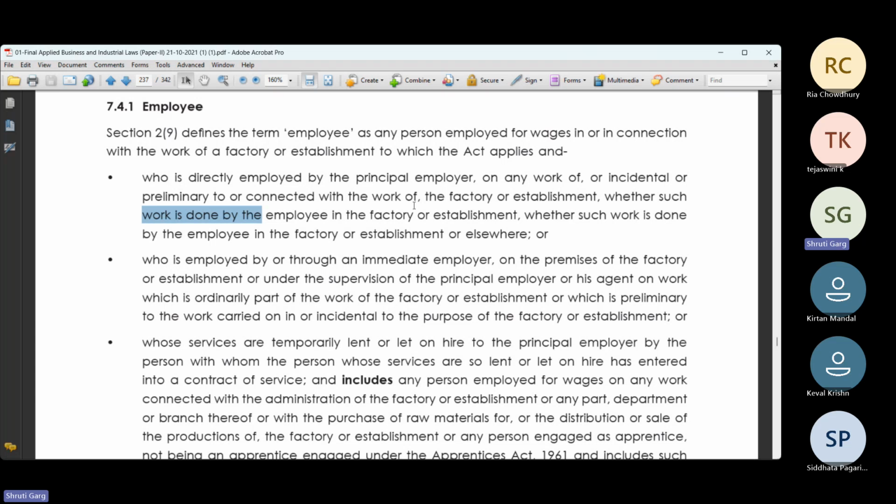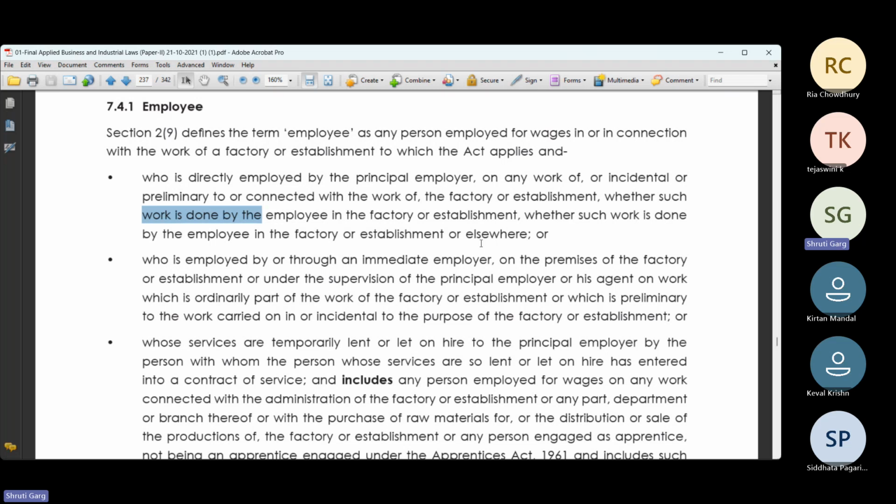Means helper type in the factory or establishment, whether this work is done by the employee in the factory or establishment or elsewhere. Clear?